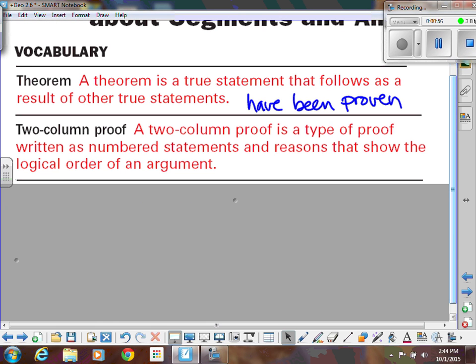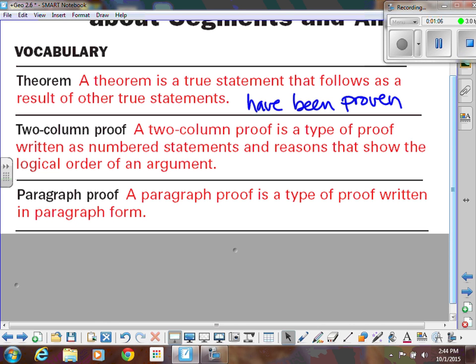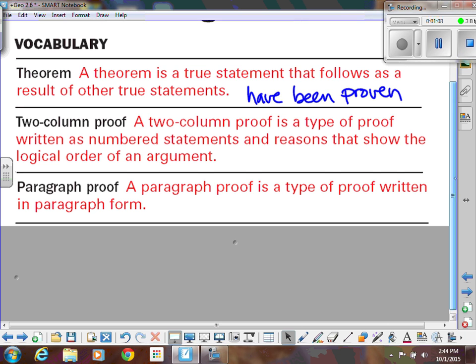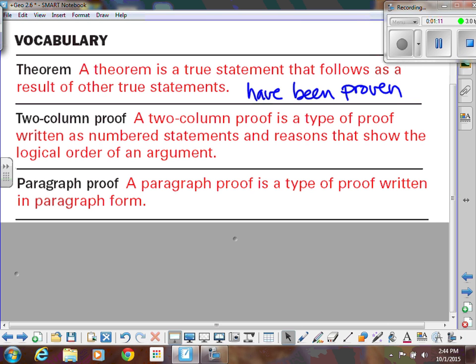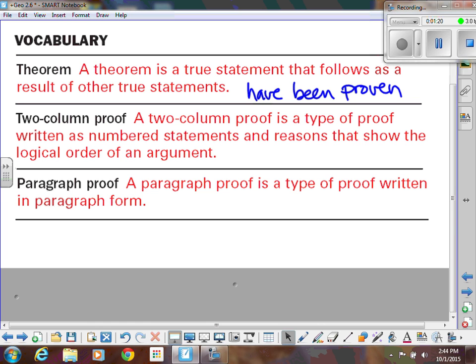All right, we talked about a two-column proof last time when we did an algebra proof, and it's just when we write numbered statements and reasons to show our logical order of the argument. But I want to introduce you to two other kinds of proofs. We have a paragraph proof, and basically you just write out in sentences what your statements and reasons are. It's more like an English type of argument.